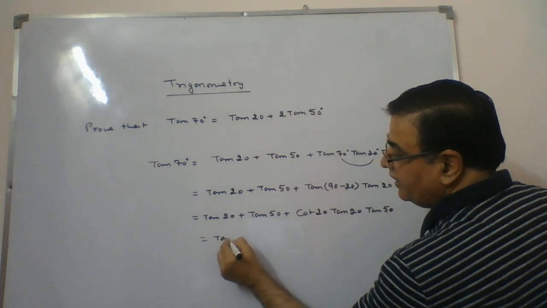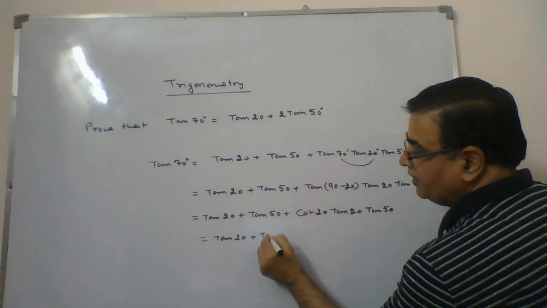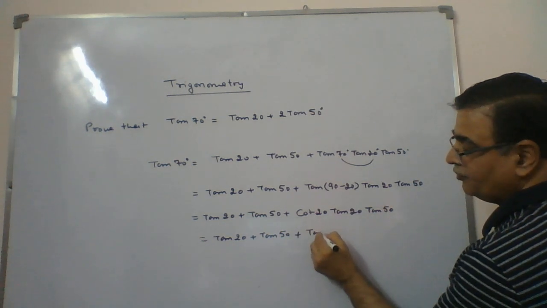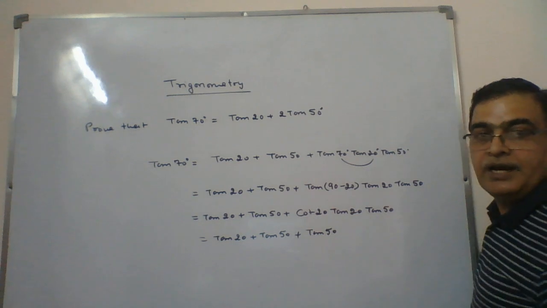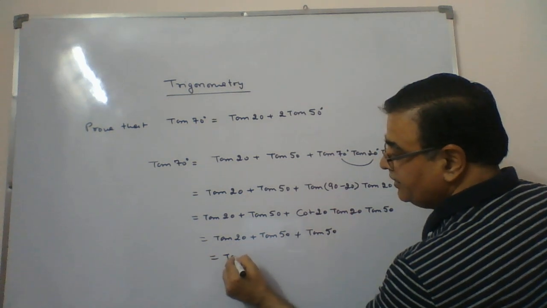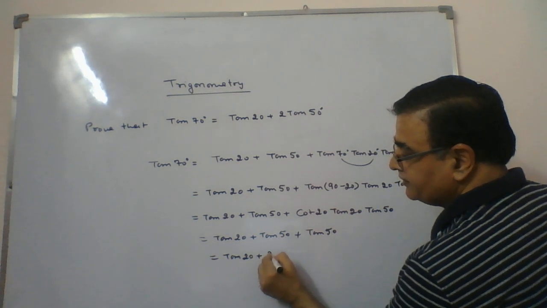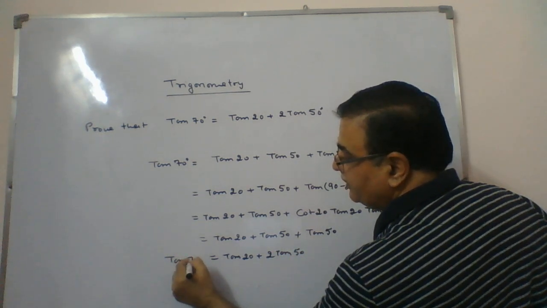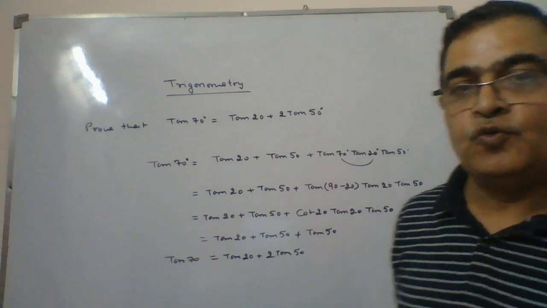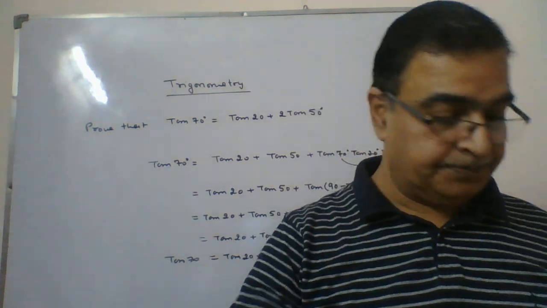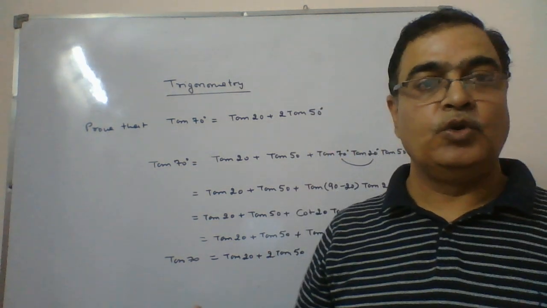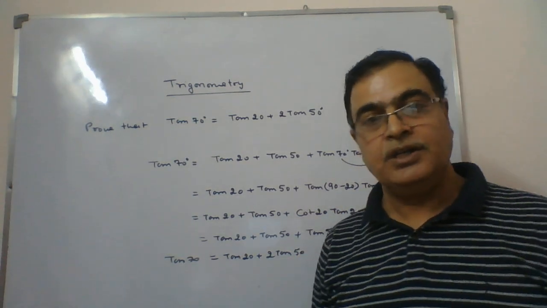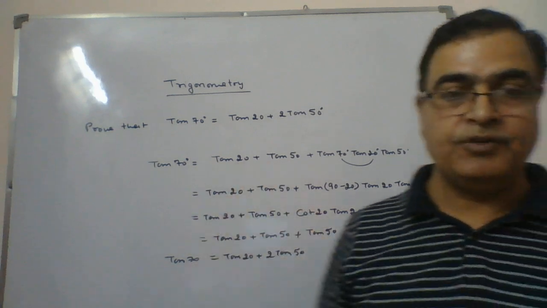So I got this as tan 20 plus tan 50 plus tan 50 again, which comes out to be tan 20 plus 2 tan 50, and that is your tan 70. So this way you have the first question, and it's a very simple one. Only one concept is added in this case, that is the complementary angle condition. If you use that, we can get the answer.